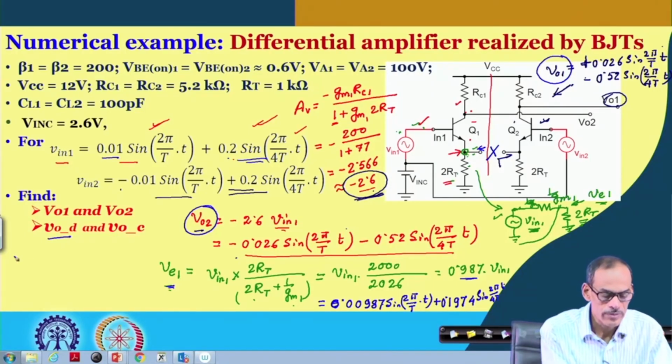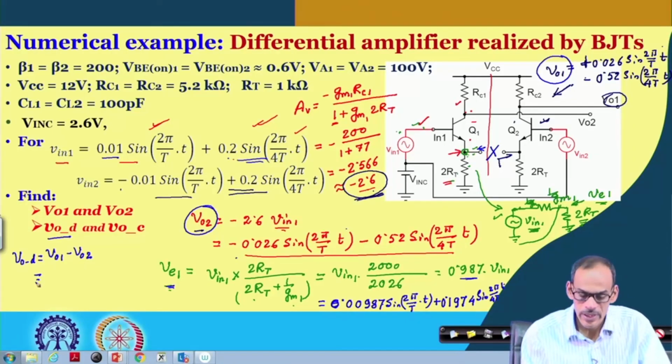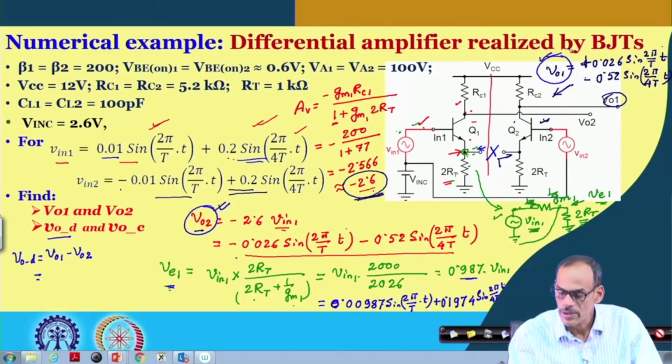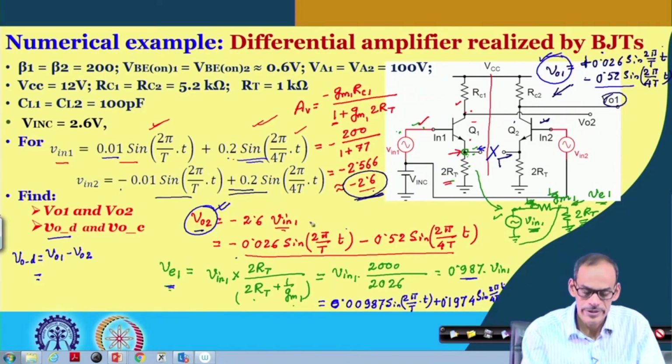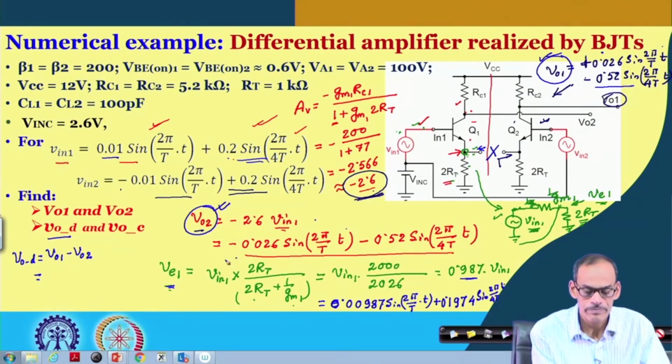say VOD, which is VO1 minus VO2 by definition. If I take the difference of this signal and this signal, then obviously this part gets removed, leaving behind this part and this part multiplied by 2, because they have opposite sign.